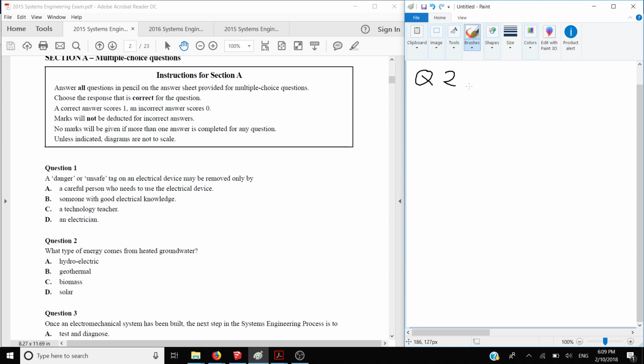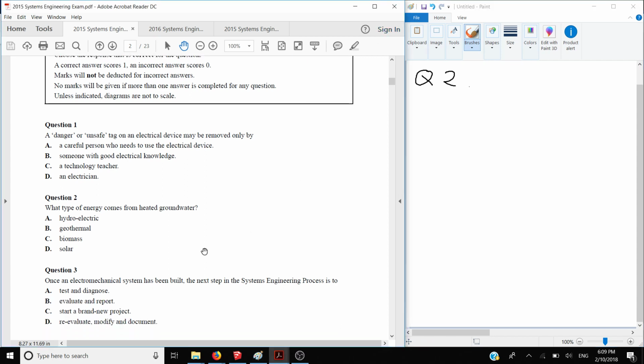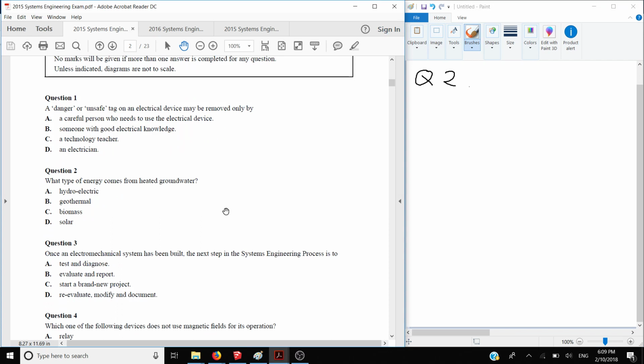Question 2. What type of energy comes from heated groundwater? Right. If you remember, it's geothermal. If you can't remember, let's have a look at the words. Heated groundwater. Okay, hydroelectric. Well, hydro and water, that sounds plausible, so let's put that in the maybe pile. Geothermal.